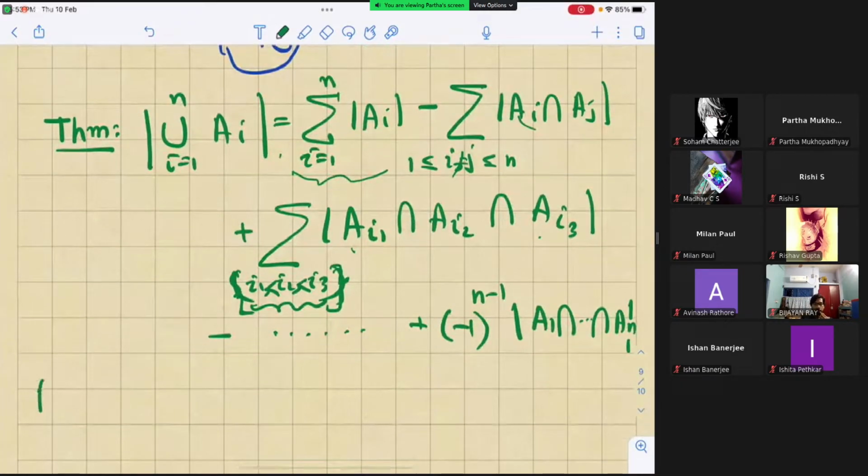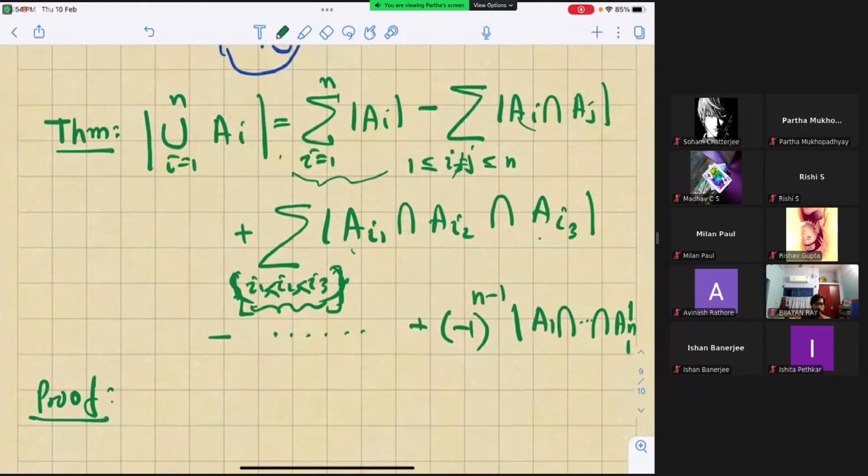Okay, so let's try to prove it. Actually, this proof is really elementary and it uses nothing more than your 10+2 knowledge. Basically, what is the problem? When you look at the left-hand side, in estimating this union, we should not overcount, we should not undercount. We should precisely count the contribution of a number.